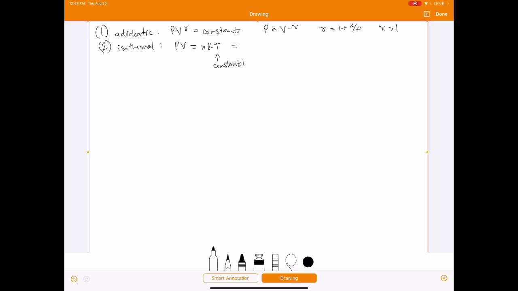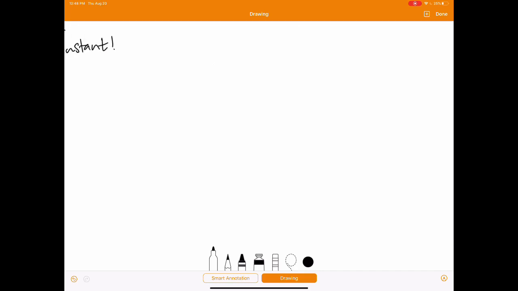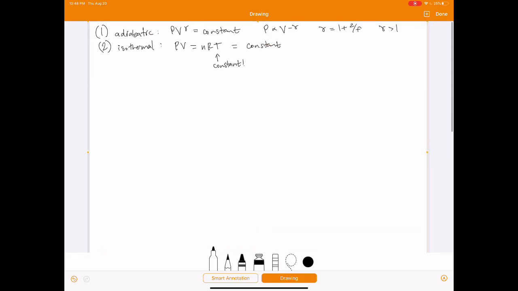So what we say is PV is constant for an isothermal process. That's kind of the defining feature. Okay, so therefore we can say, for isothermal, P is proportional to V to the minus 1 power. Because if P times V is constant, we can divide out V, and pressure is some constant divided by V, which is like saying it goes V to the minus 1.